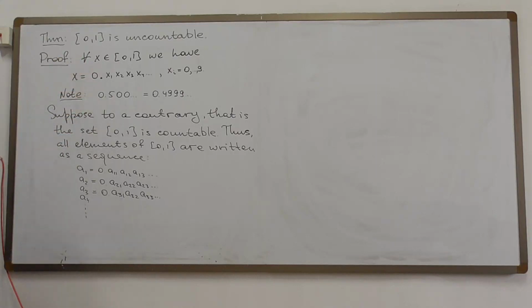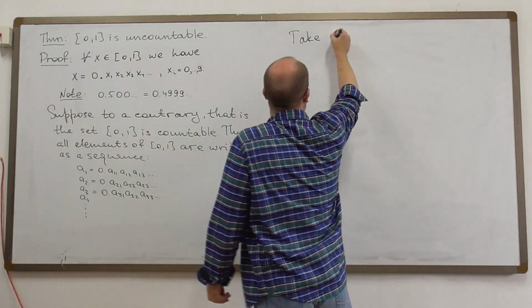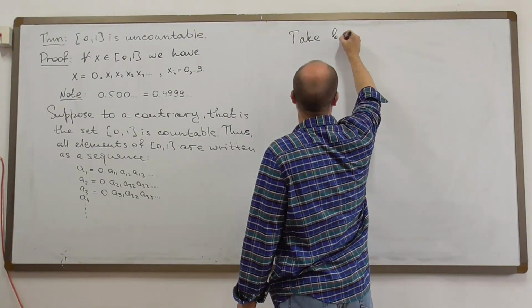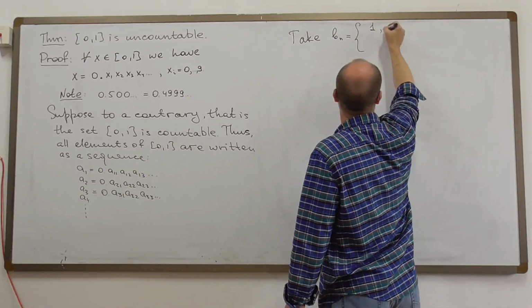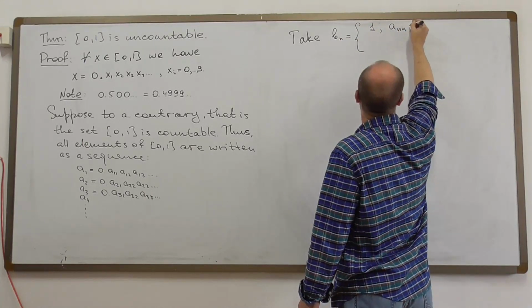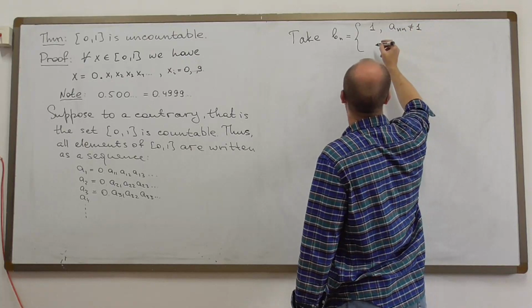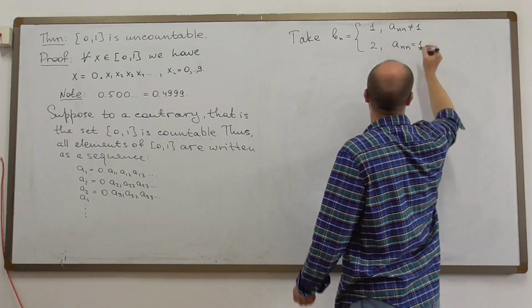And now I will construct a number from [0, 1] which is not in this list. So I'll take Bn to be 1 if Ann is not 1, and 2 if Ann is 1.